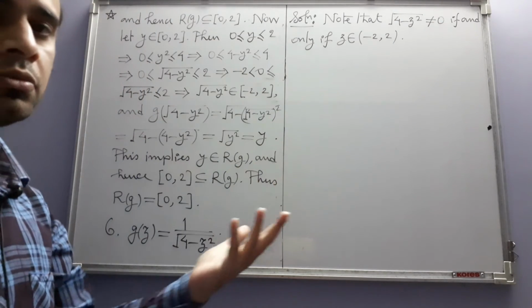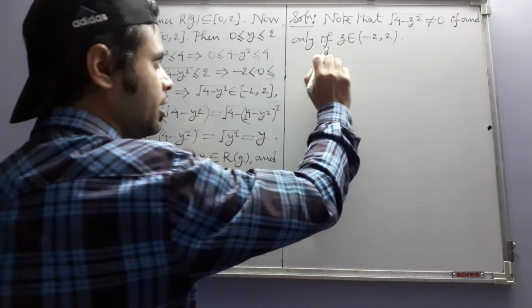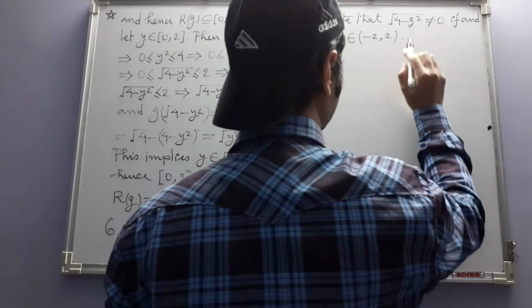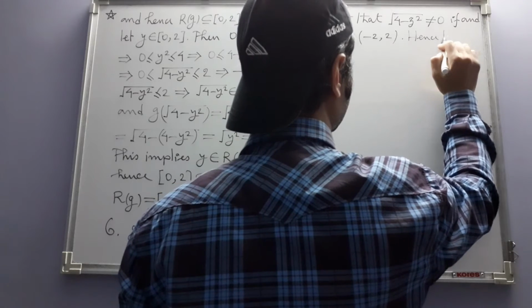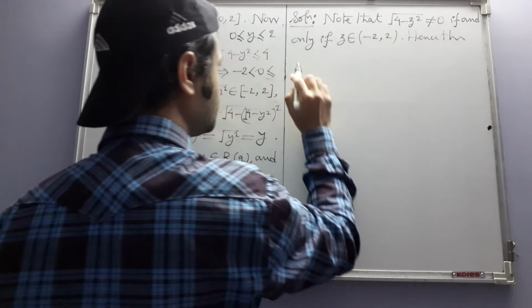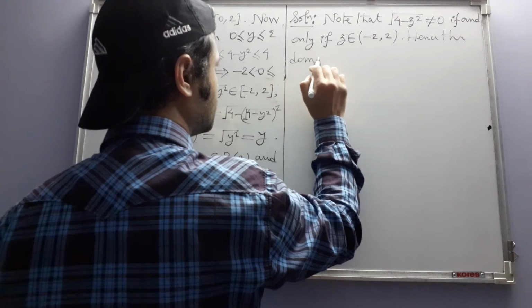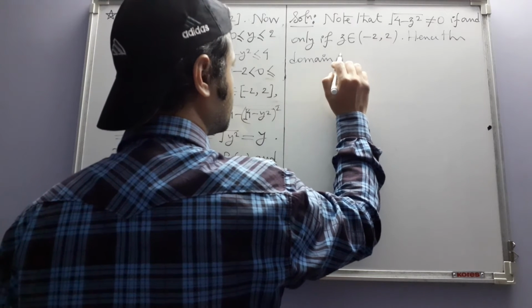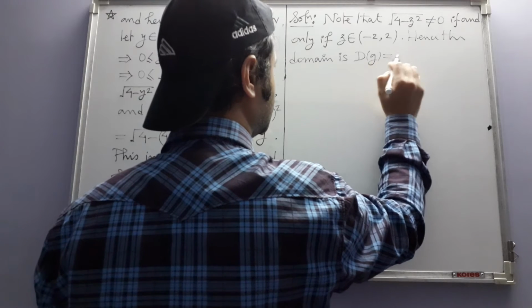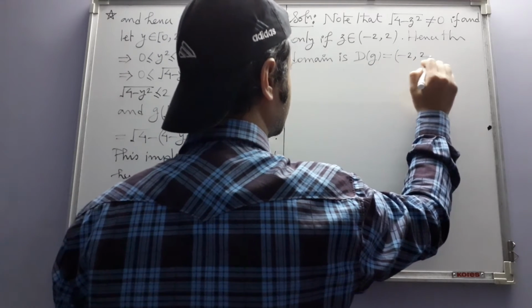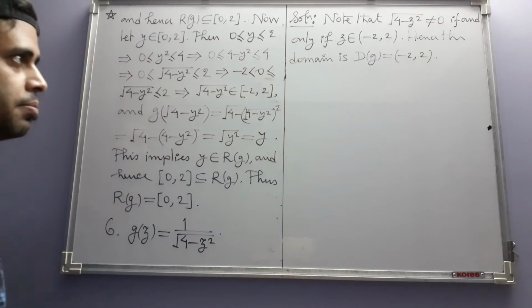So we have to remove those two values. So doing that we get this. Hence the domain is D of g equal to this open interval.